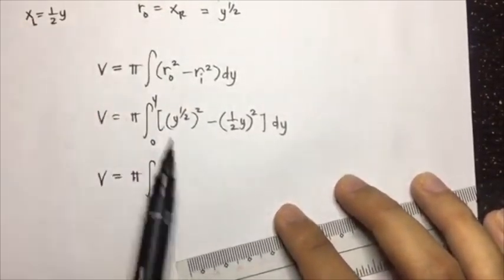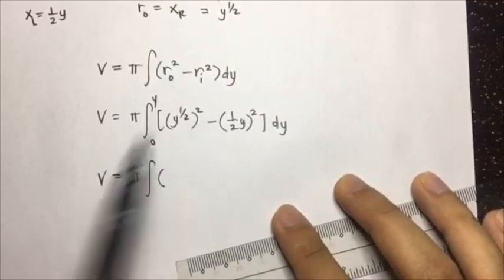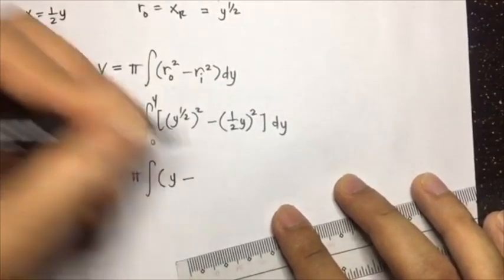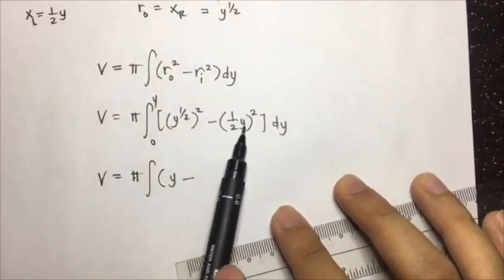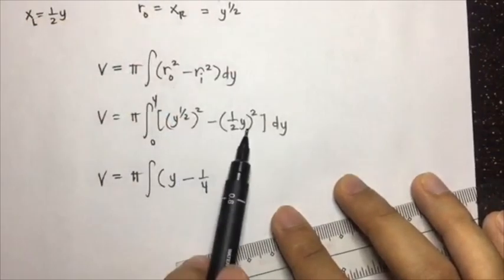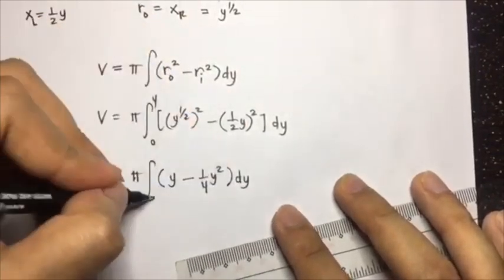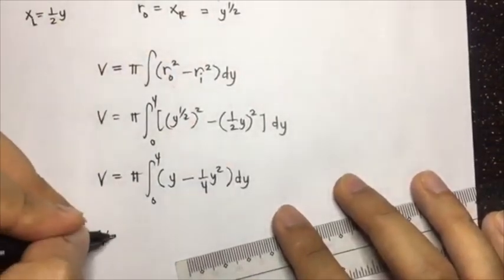integral of, so let's simplify this first. So y raised to 1/2 squared, that is square root of y squared, so meaning it's y, minus 1/2 of y squared, so 1/2 squared, that is 1/4, y squared, from 0 to 4. So now we can integrate each term.